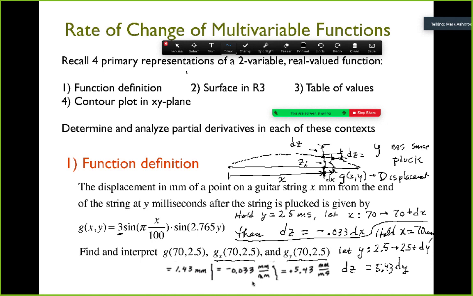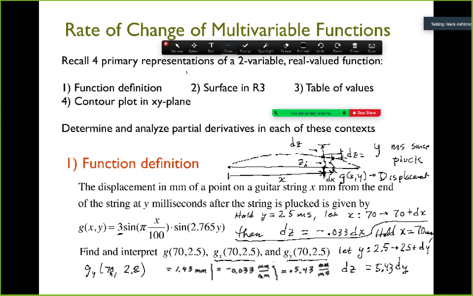No, it doesn't, because what you're talking about is changes accumulating, and the changes are starting to become larger. If you have too large of a change, you get a different rate. If I do g of y of 70 comma 2.8, it's a different rate of change. This doesn't hold anymore. We had a formula that had x's and y's in it.